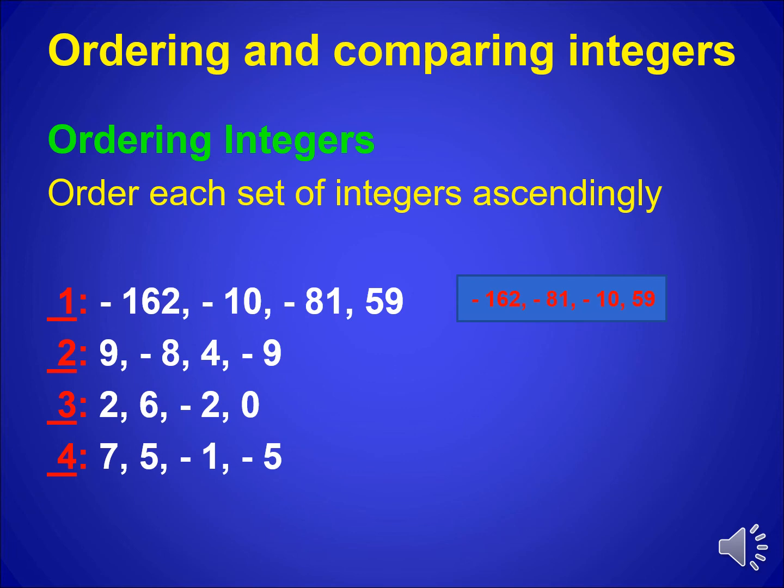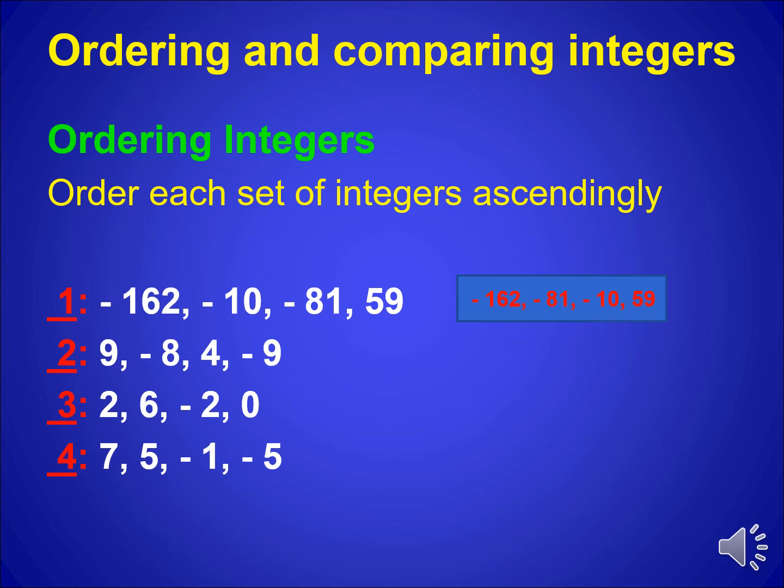Number 2, I have 9, negative 8, 4, negative 9. I need to order these integers ascending, that means from small to big. So I'm looking for the smallest number. The smallest in what? In positive or in negative? Yes, in negative, because the negative is smaller than the positive, right?